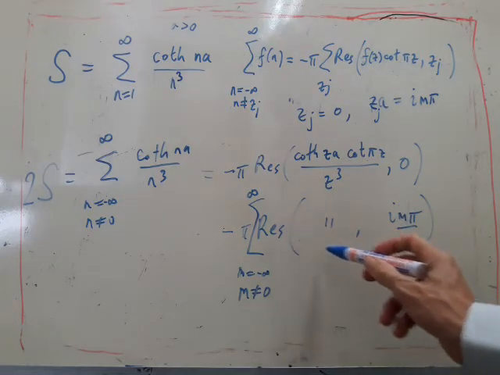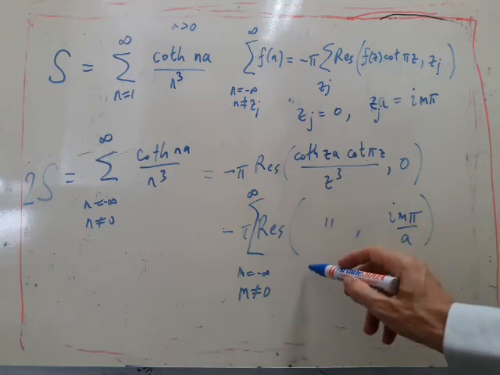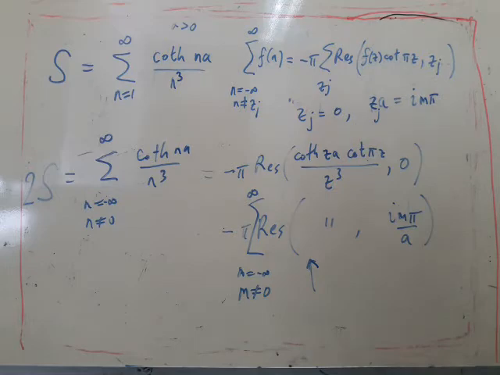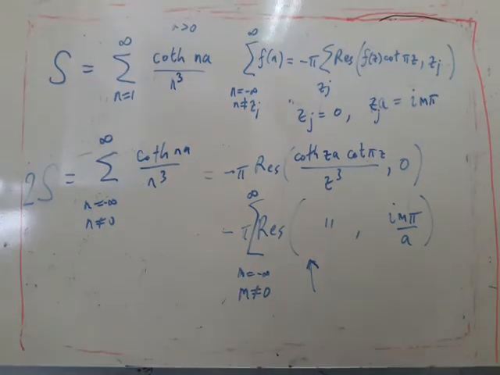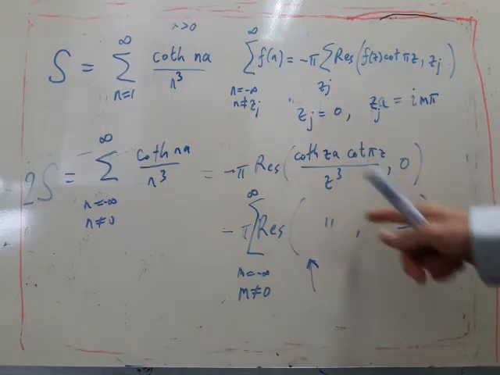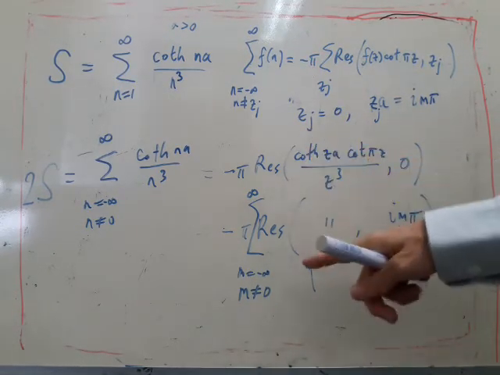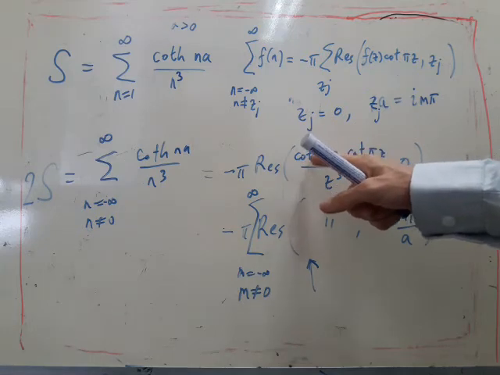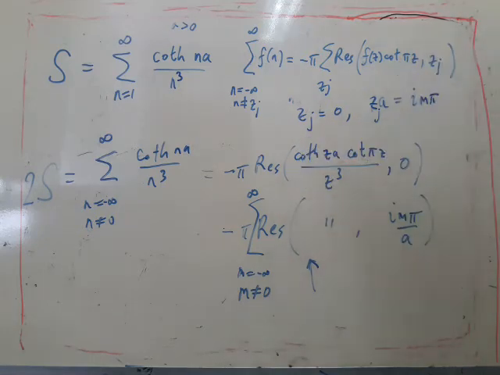So let's actually work out what these residues are. So we've got a residue because of this, we've got a simple pole when m is not 0. Because of this, we've got cosh divided by sinh.